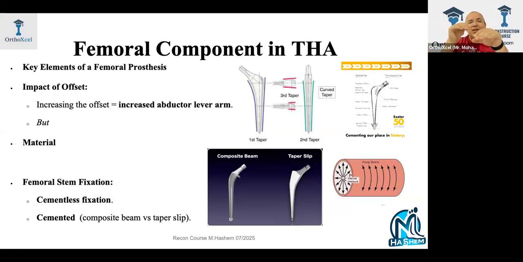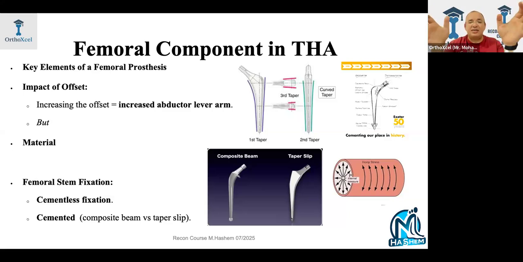Why will I allow a slip or a controlled subsidence of my stem inside the cement? To get the idea of what's called hoop stresses. Hoop stresses is basically if you have a closed circle or a closed cylinder, and within the closed cylinder you put stresses, what will happen? This will exert hoop stresses, or compression stresses, all over the walls, and this gives the stem more stability.